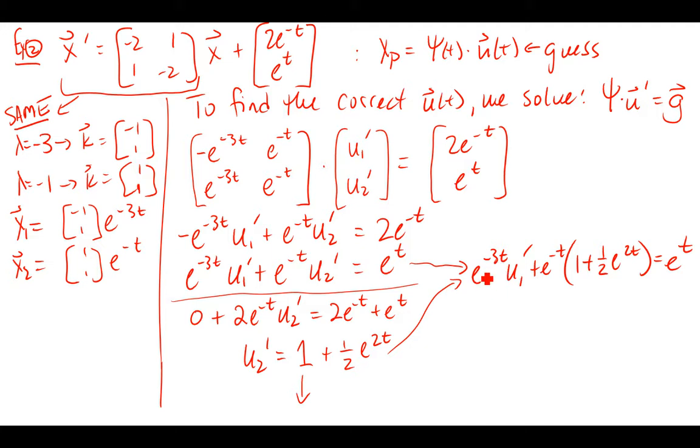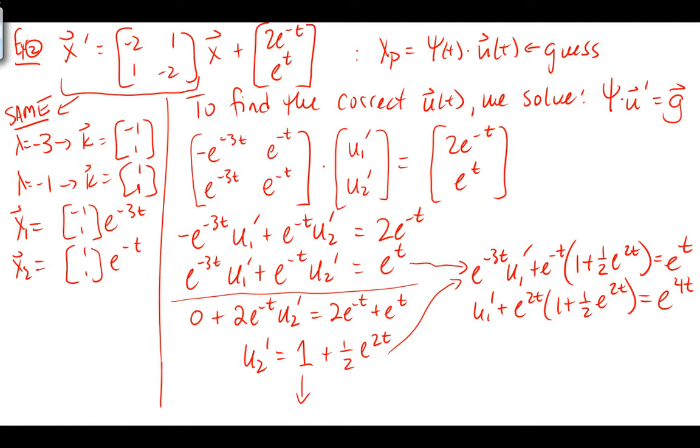If I multiply by e to the 3t everywhere, or you could say you're dividing by e to the negative 3t, I'd end up with u1 prime. If I multiply by e to the 3t, I get e to the 2t, and over here, I'd have e to the 4t. All right, so that's me just making the algebra look a little cleaner.